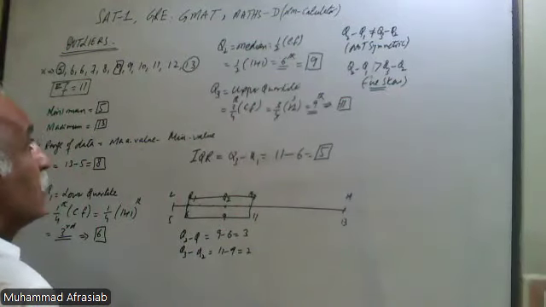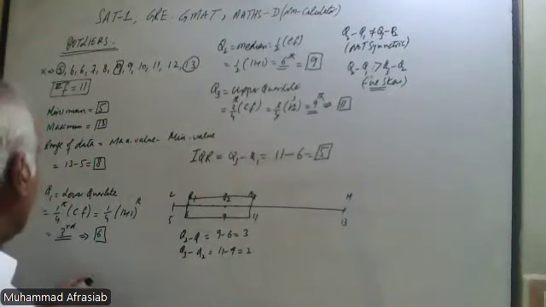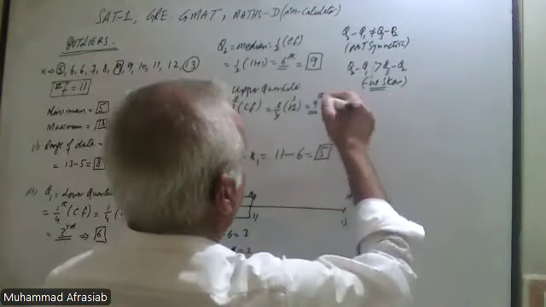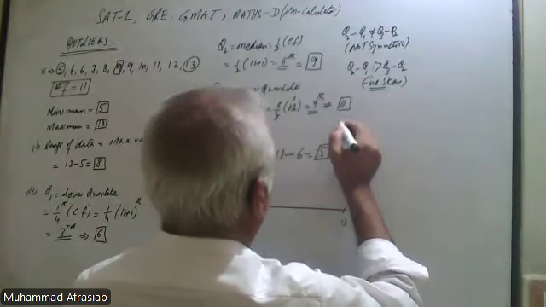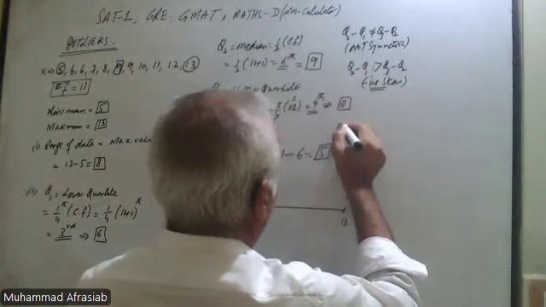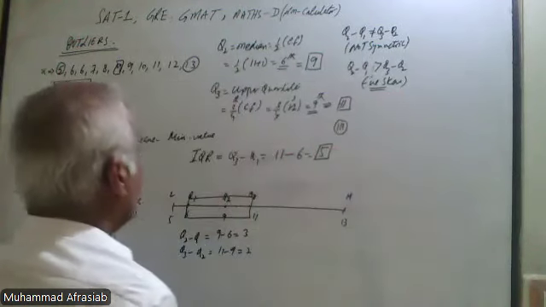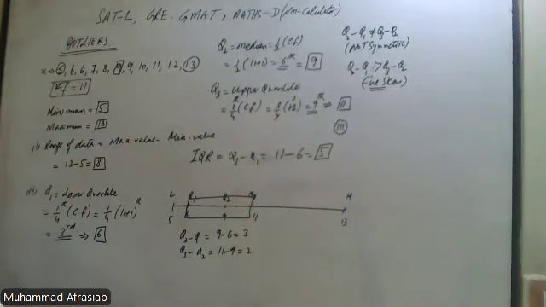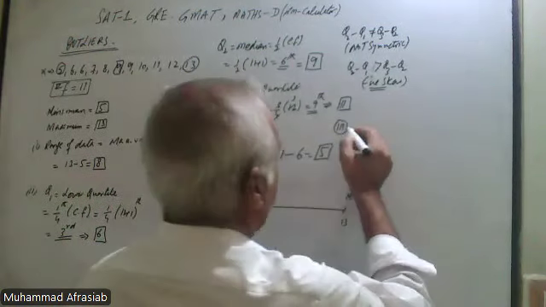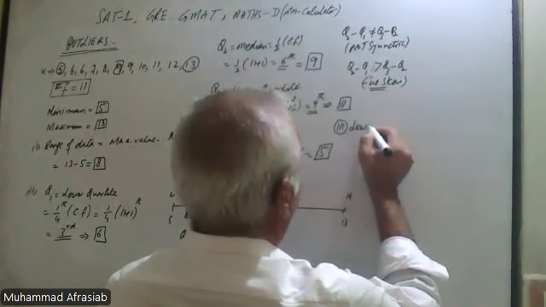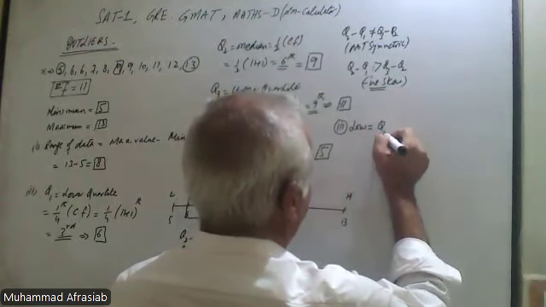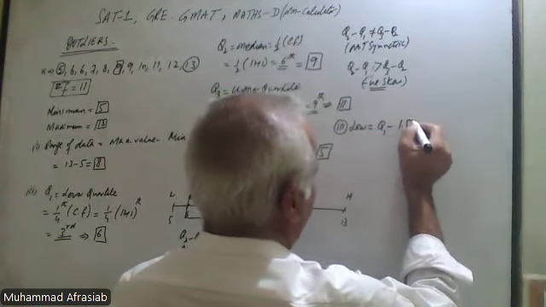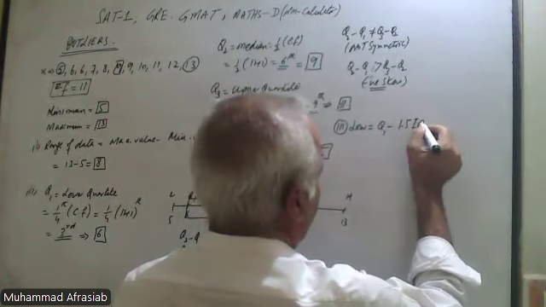Now, the third point is finding the outlier limits using the interquartile range. The lower limit for outliers is equal to Q1 minus 1.5 times the interquartile range.